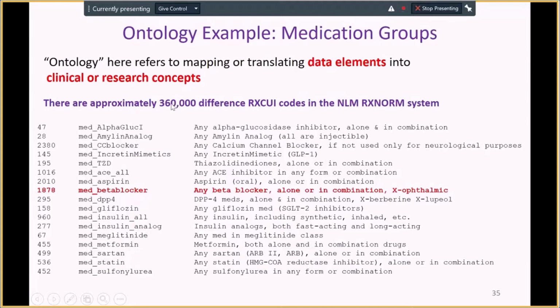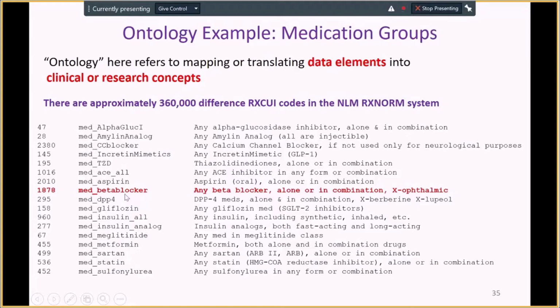There are about 360,000 different CUIs. Here's a grouping we've done for one of our investigators, where we mapped 47 of those to alpha glucosidase inhibitors, either alone or in combination, could have been a combination drug, and so on.